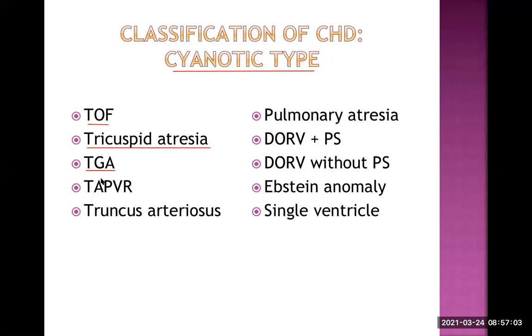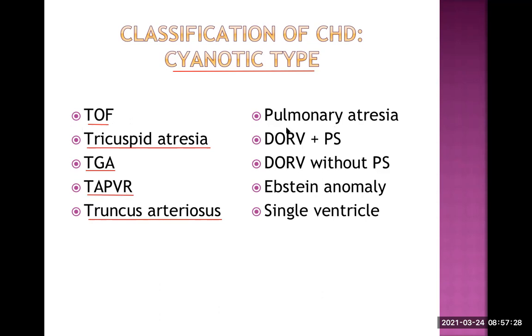Let me go through the names first, then I'll explain. TAPVR, total anomalous pulmonary venous return, and then Truncus Arteriosus. These are 5 T's which you can remember like this. Very easy. Just remember 5 T's: TOF, tricuspid atresia, TGA, TAPVR, and Truncus Arteriosus.